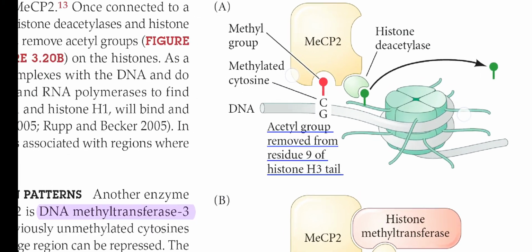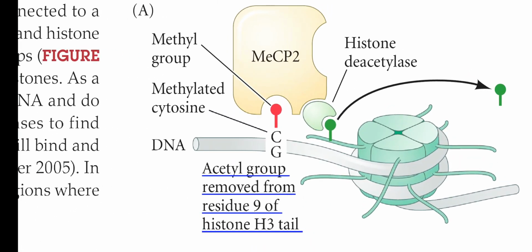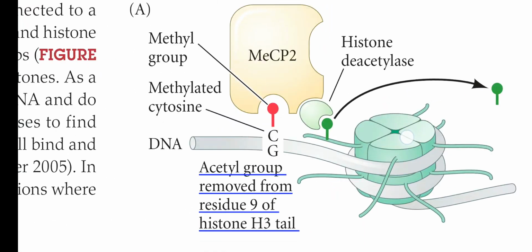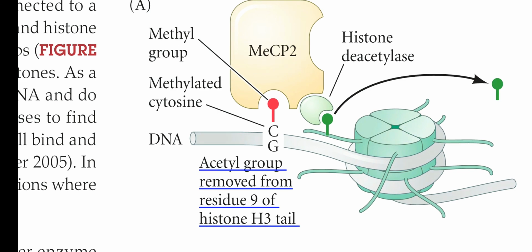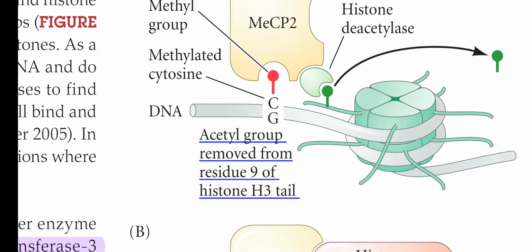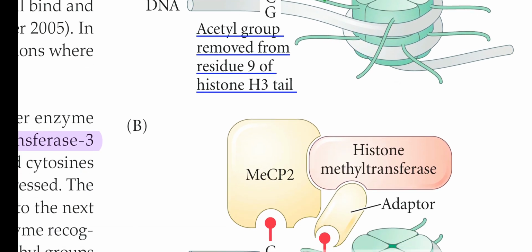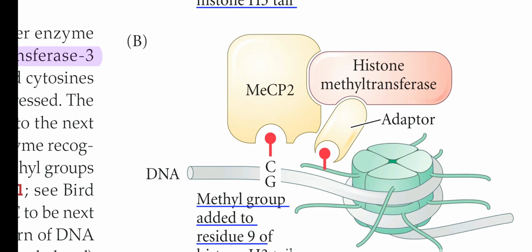Here is the same picture showing a histone deacetylase. That means the acetyl group is removed. That means histone causes a repressed state. Here it is histone methyltransferase, that means transferring the methyl group. By adding this it prevents transcription.